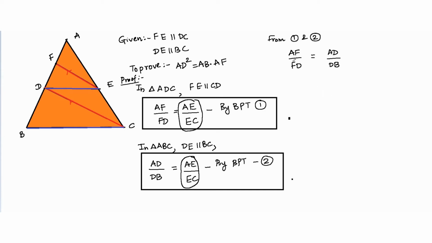Now let us compare what all we have in the equation. We have AF, I want it in the final equation. So I need AF in the final equation. I want AD square, so let me preserve this AD as well. I don't want FD, I don't want DB.